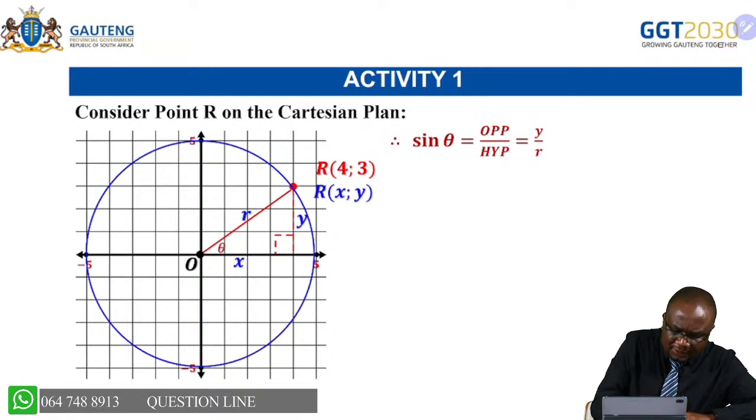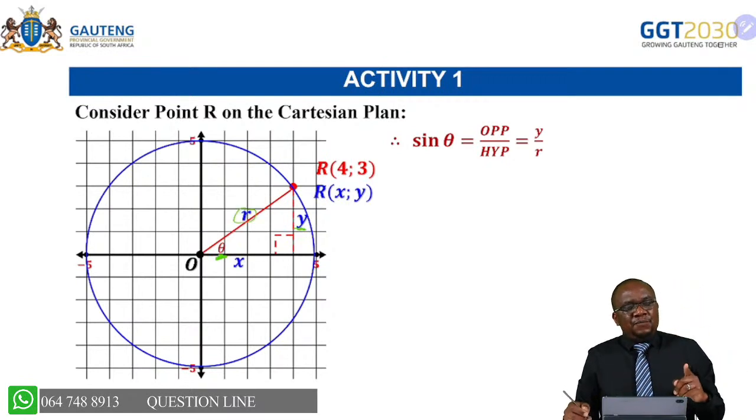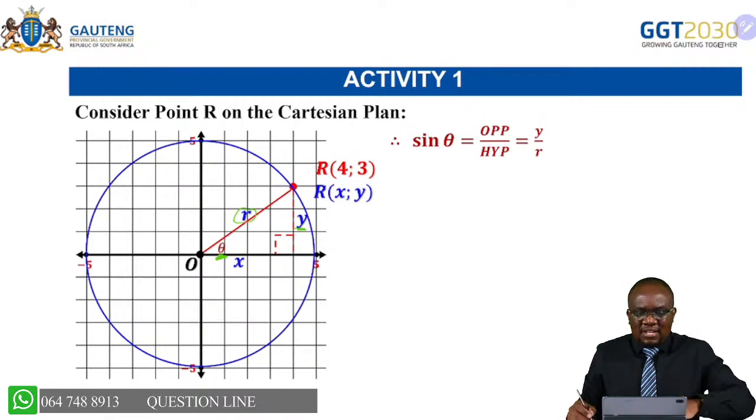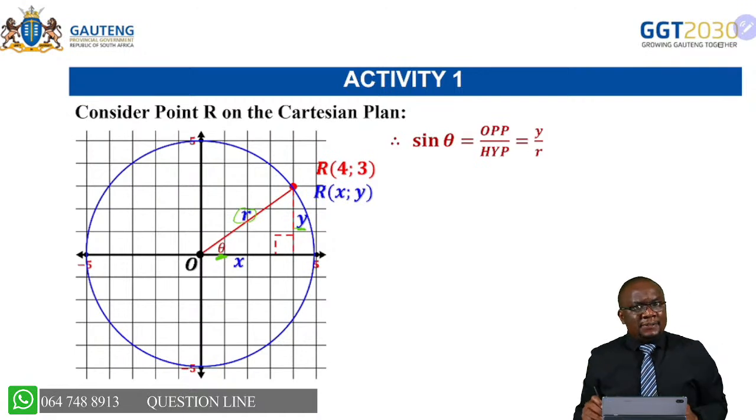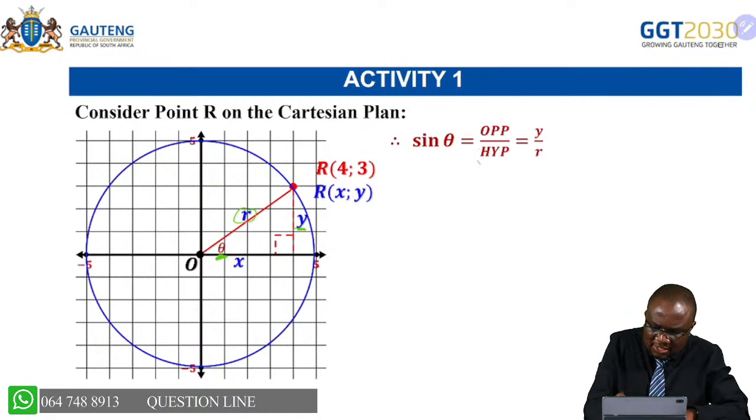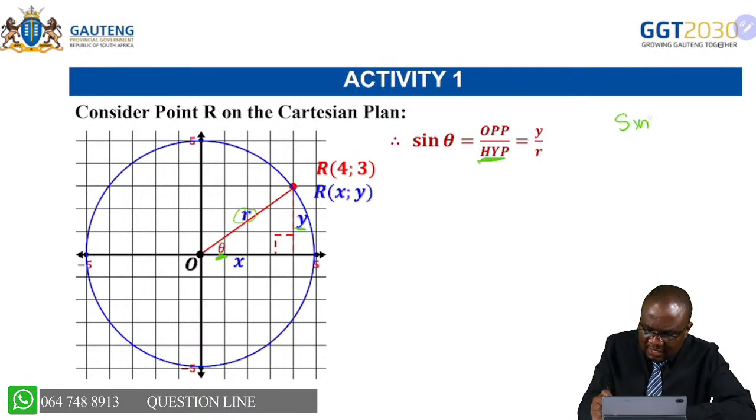If you look at theta, the opposite side is y. The hypotenuse is r. So sine theta is opposite side over hypotenuse, meaning that sine theta is y over r. I just added this so that you can remember it, okay? But otherwise, for every quadrant, sine theta is equal to y over r.